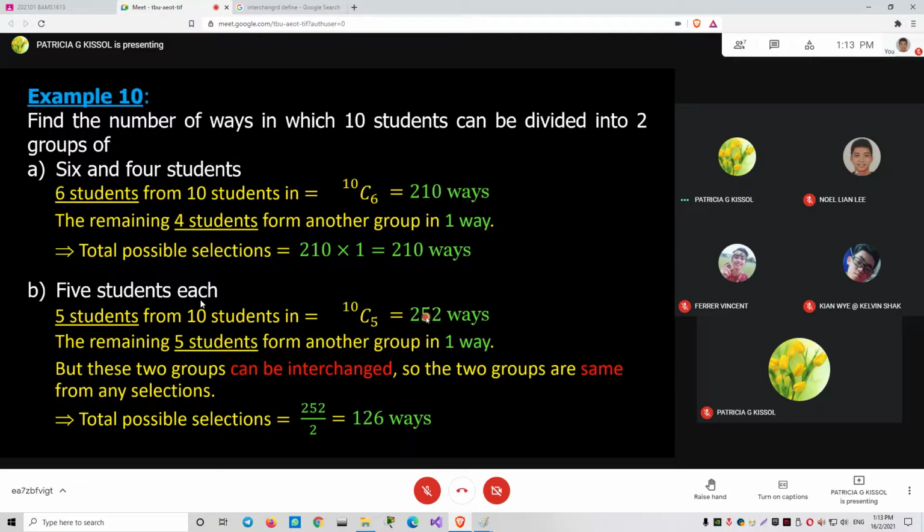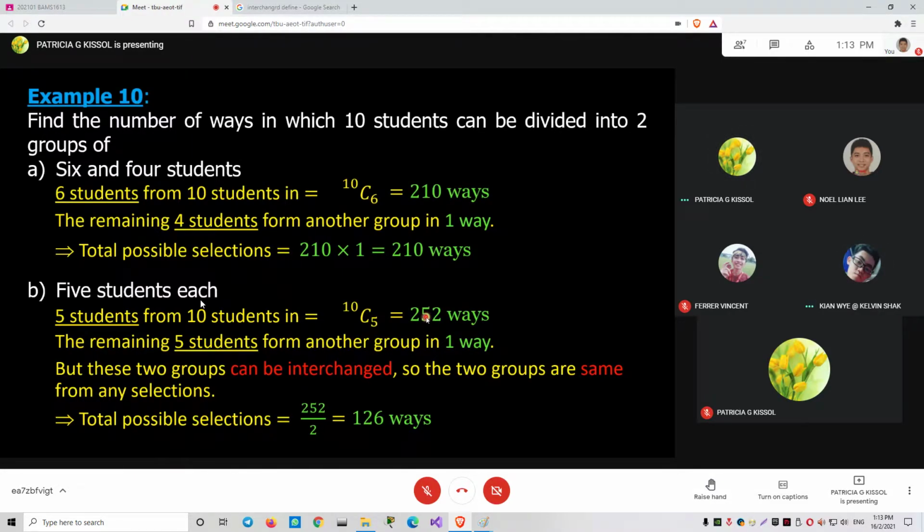Because we're not talking about the individuals in each group, but between the two groups, because it is possible to be interchanged, therefore the two groups are the same from any selections. And that's why we have to divide by 2.